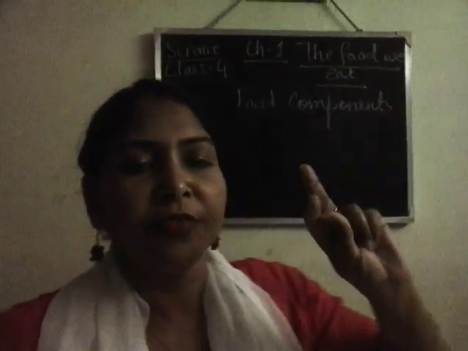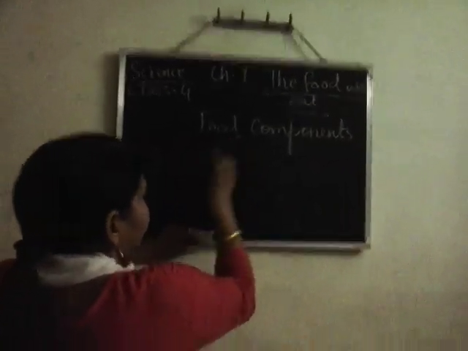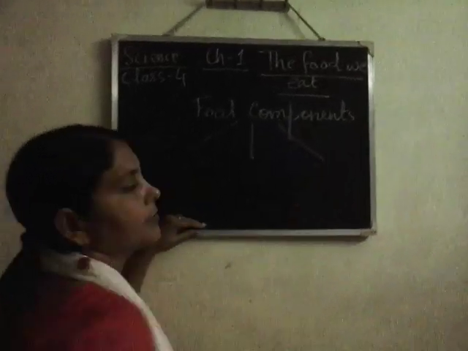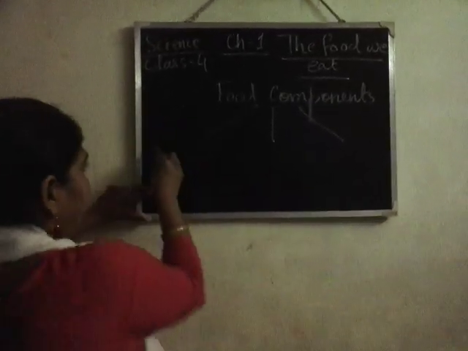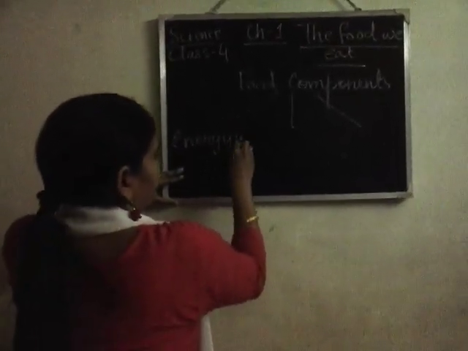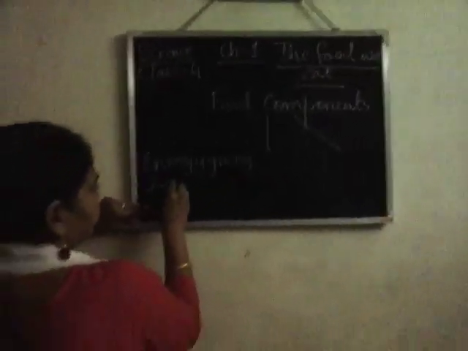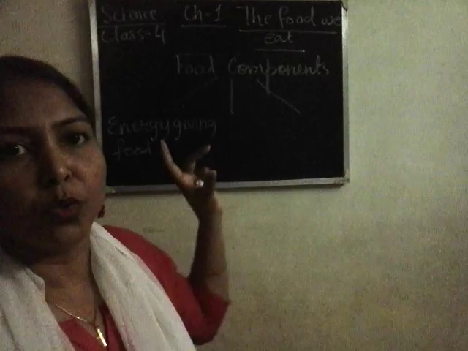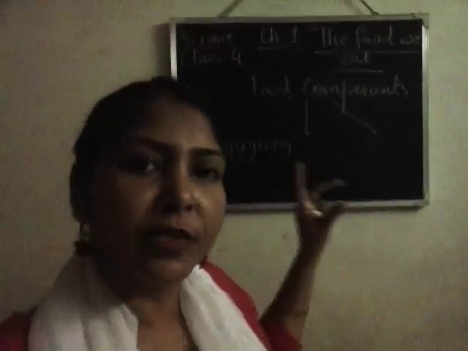Basically, there are three types of food components. What are they? The first one is energy giving food. That means those food components which give us energy are called energy giving food.